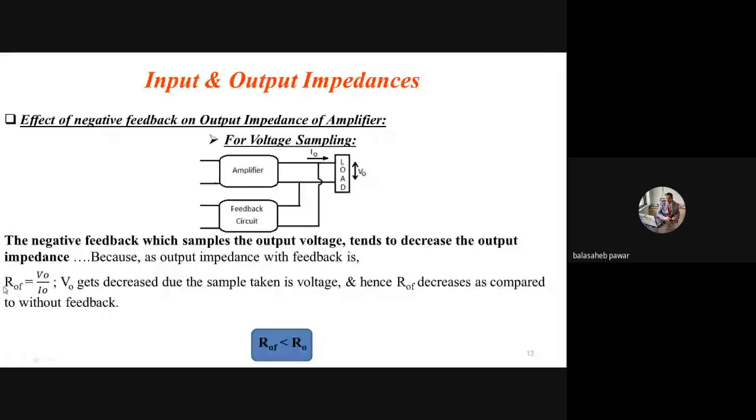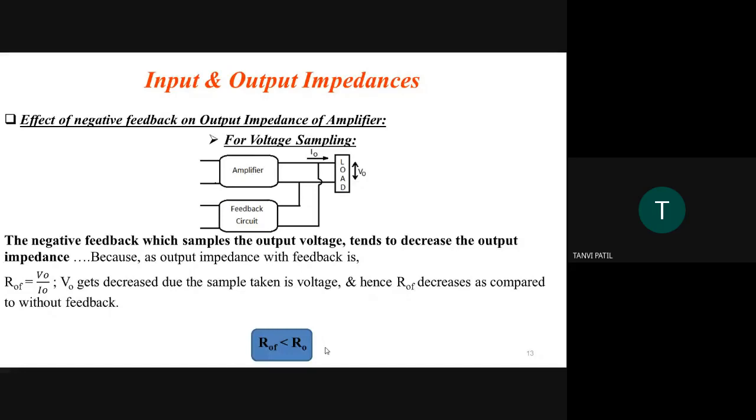As we are taking the sample from the net output voltage, that means voltage sampling, the net output voltage will get slightly decreased, and hence the output impedance will be decreased. So ROF will be less than RO. Is it clear? Are you getting it? Now by how much factor RI and RO change, mathematically we will go on to prove today only. Okay, so is it okay? Are you getting it?